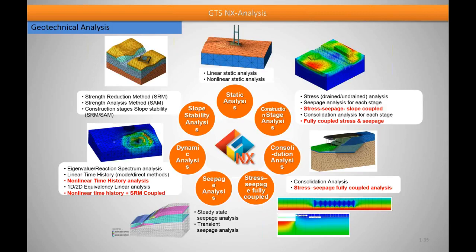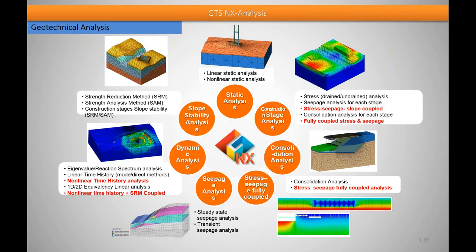In the slope module, you can perform the SRM, that is the strength reduction method, SAM, that is the stress analysis method, and the construction stage considering SRM and SAM methods. In the dynamic analysis, you can perform the nonlinear time history analysis, eigenvalue, response spectrum, and linear time history analysis. Now there is an option nonlinear time history plus SRM. Just to discuss in detail, this is basically an analysis case.